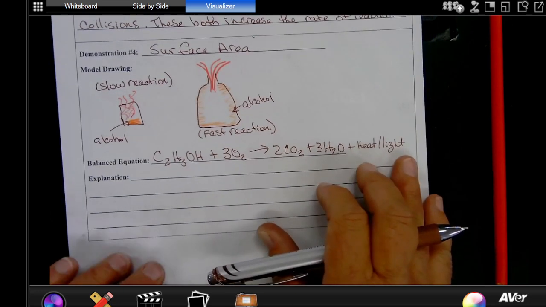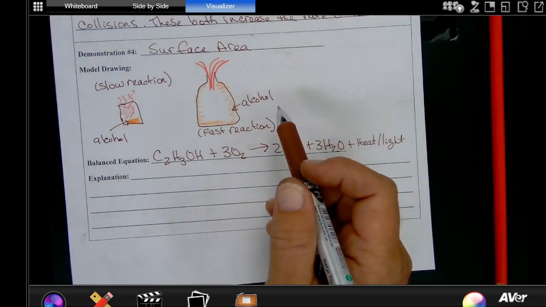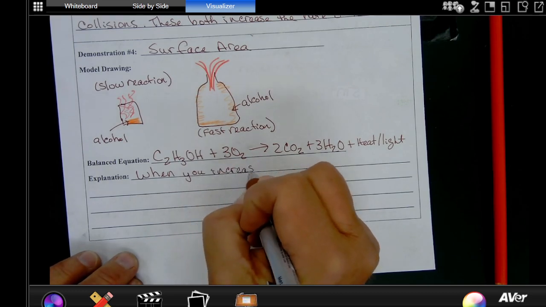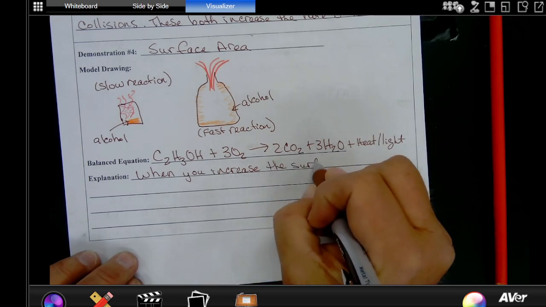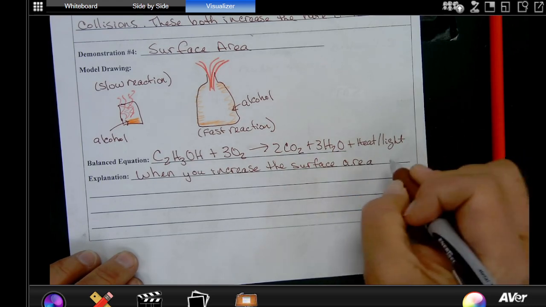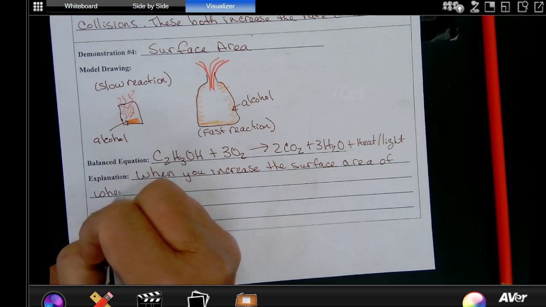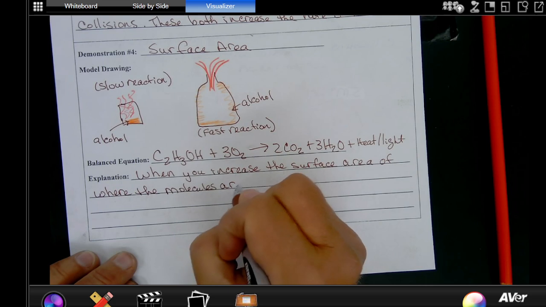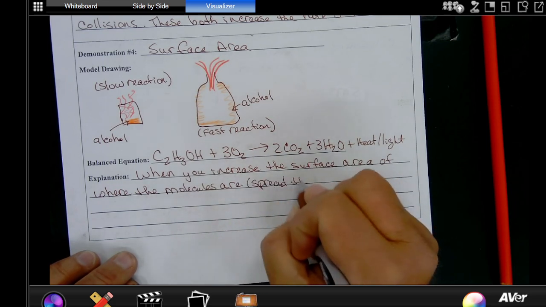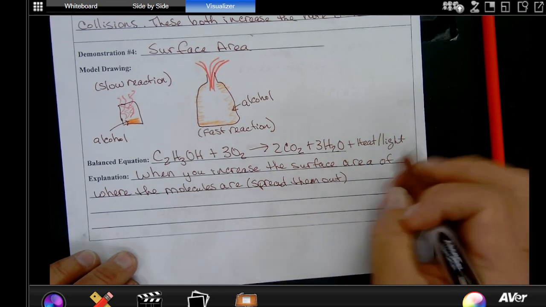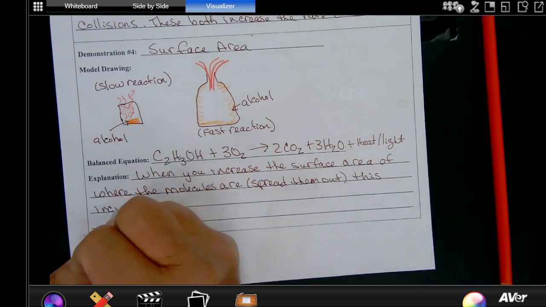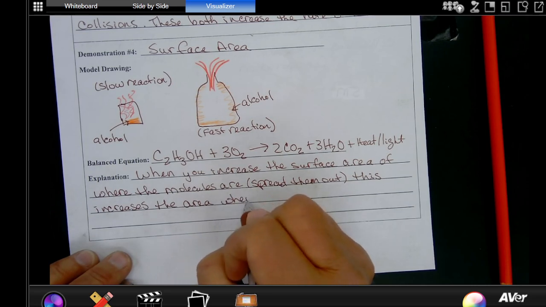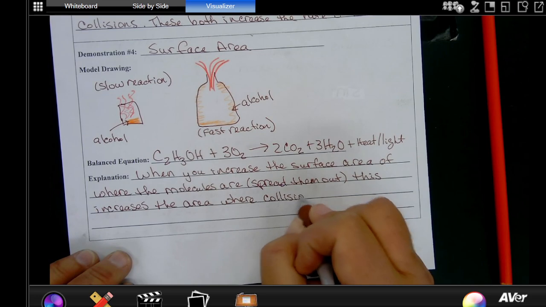Okay, all right. When you increase the surface area of where the molecules are, or spread them out like I did, this increases the area where collisions can happen.